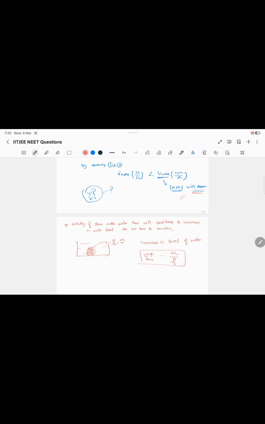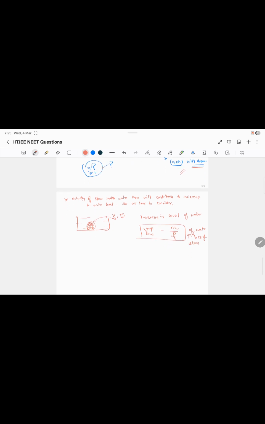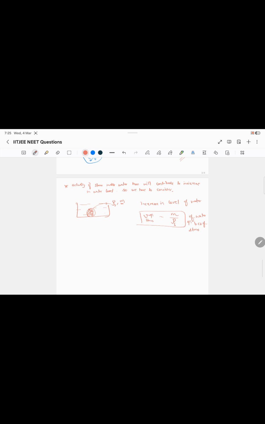This will be the extra volume of water increase because of stones, because stones are now underwater. So now I'll again consider equations 1 and 2, including the volume increase or height increase by stones.